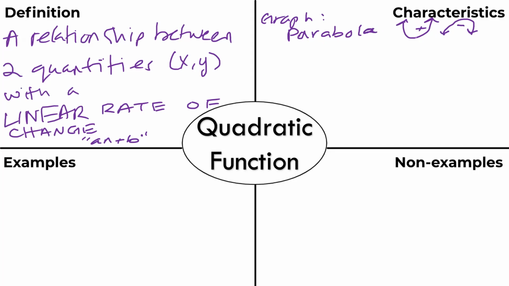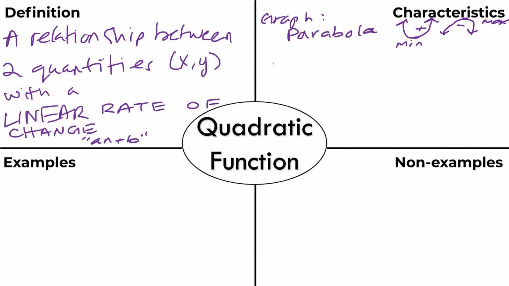When you have a positive parabola, you're going to have a minimum value. And when you have a negative parabola, you're going to have a max value. All right. Questions about the graph of a quadratic? If the graph doesn't look like this, is it a quadratic? No. Okay.